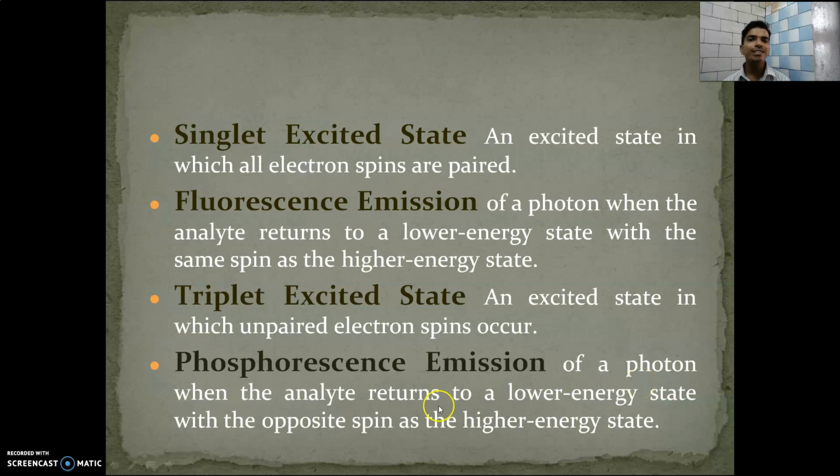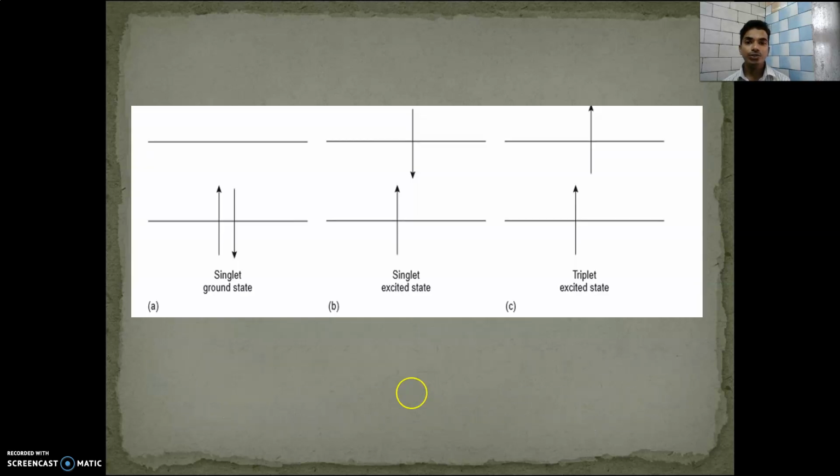So what is a singlet excited state? Singlet means an excited state in which all electron spins are paired. So these electron spins are paired, singlet excited pair.